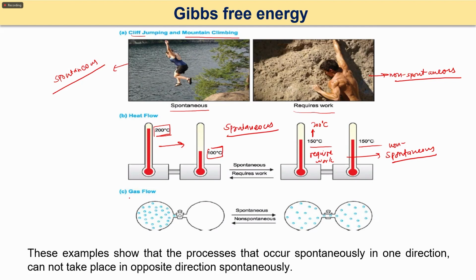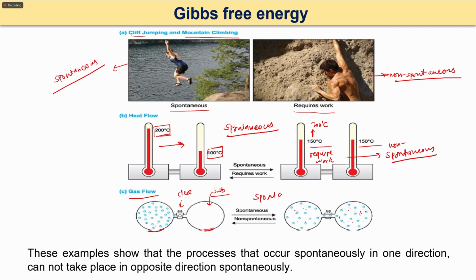Next is the gas flow. In the last example, I showed you a bulb having gas, with the other bulb in closed condition and containing no gas. If you open the knob, there will be an expansion of gas into the other bulb, and the molecules will be distributed into both.